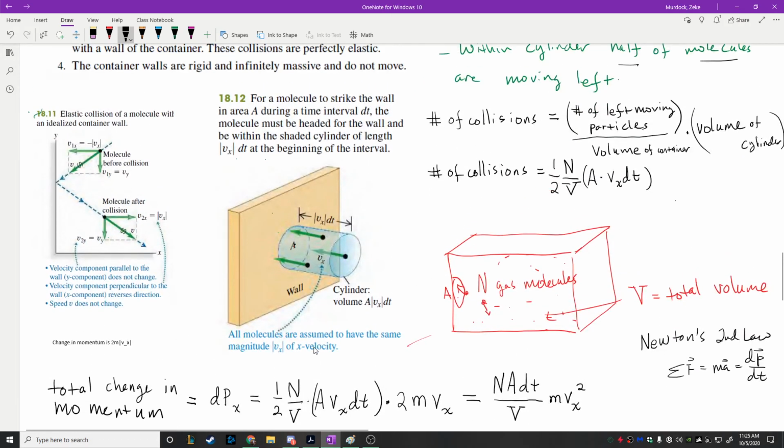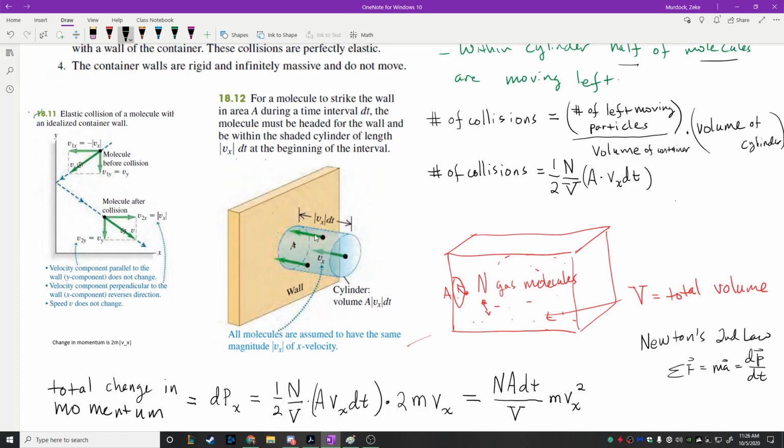Now, in this model, I don't think I explicitly mentioned this, but we're assuming that all the molecules have the same Vx. That is not a reasonable assumption. The molecules are going to have random velocities. We know that if we were to sum over all their velocities, the average x velocity would be 0, because half would be going left and half would be going right.